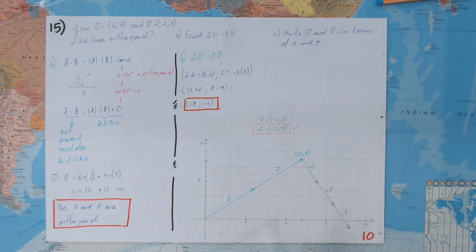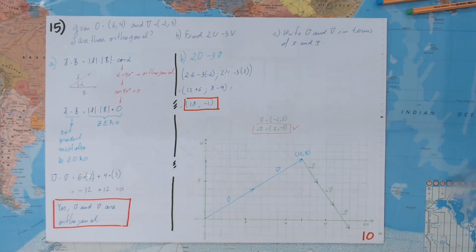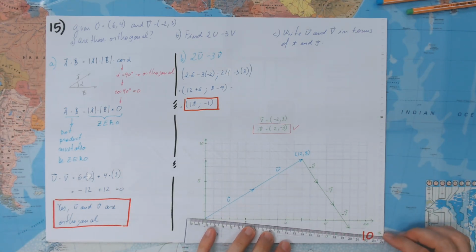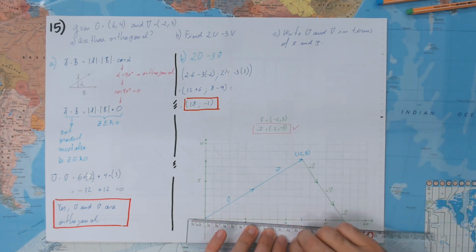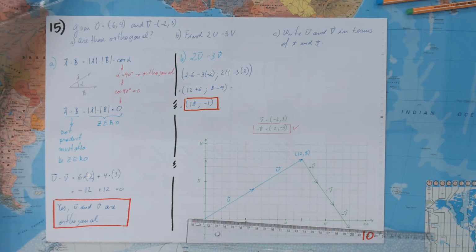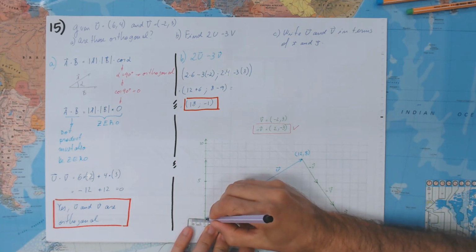Well, we have to acknowledge that in the end, this is the point 18, minus 1, okay? Because this is the end, the result, the final vector. So this is going to be the end vector, the result.